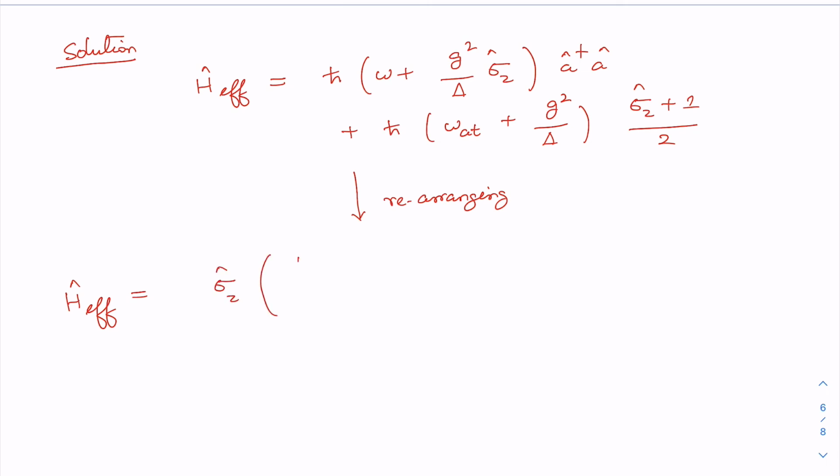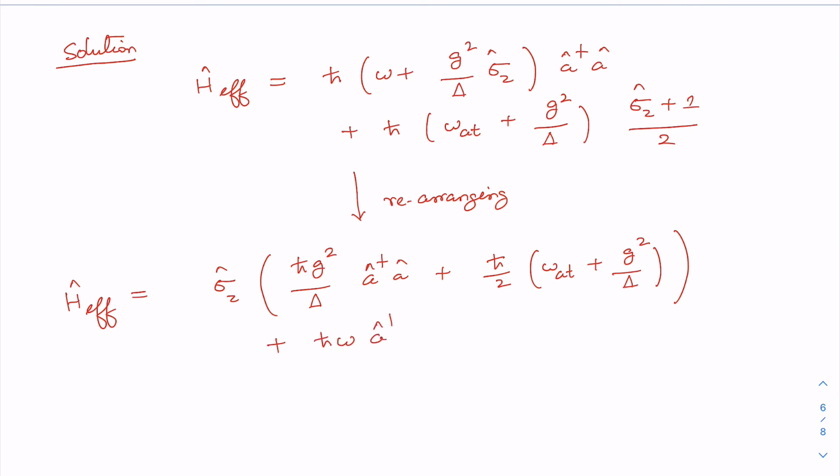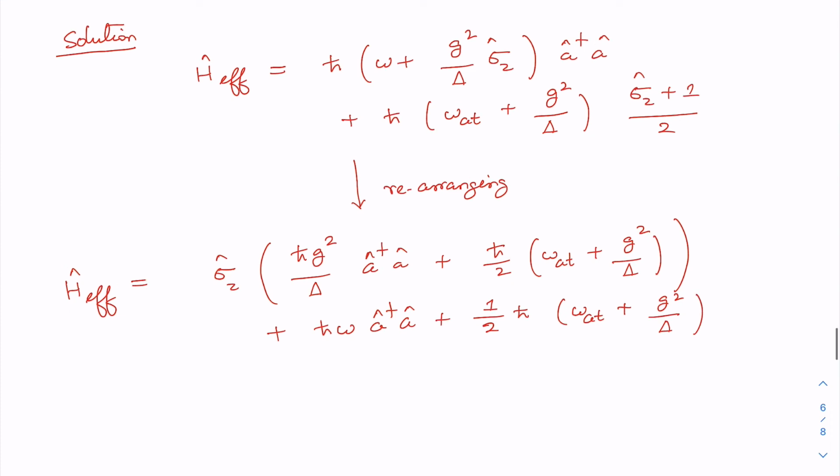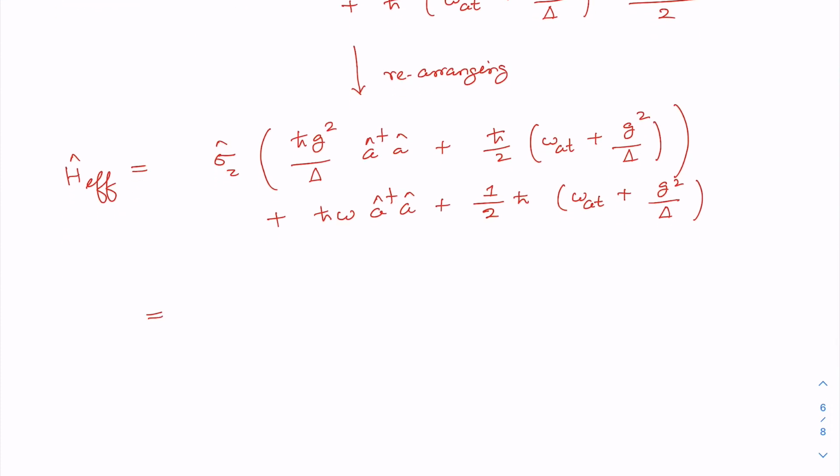Then I have terms like h cross z square by delta a dagger a plus h cross by 2 omega atom plus z square by delta, and we have the term h cross omega a dagger a plus half h cross omega atom plus z square by delta. This I can write in a cleaner form.